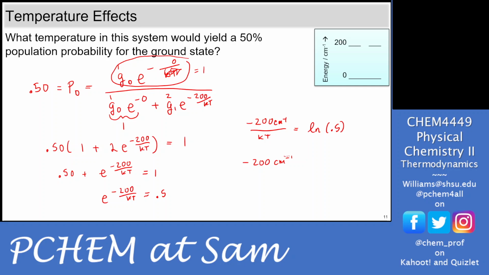Let's see, we need to swap some things around, and so we'll have on bottom 0.695 wave numbers per Kelvin, that's Kelvin to the minus 1, times the natural log of 0.5 is equal to temperature. You see how I swapped those two? I multiplied both sides by temperature and divided both sides by the natural log. I don't know why I have that extra parenthesis.